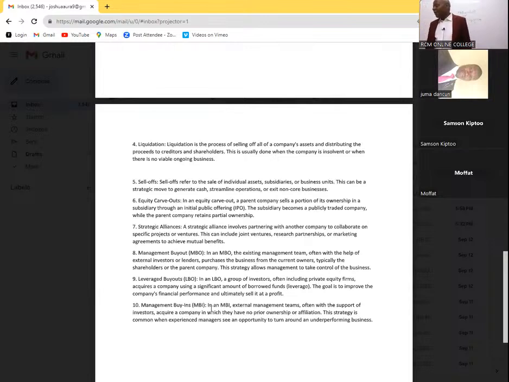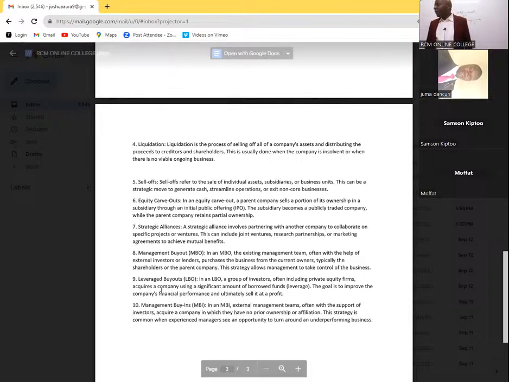In an MBI, external management teams, often with the support of investors, acquire a company in which they have no prior ownership or affiliation. They acquire a new company. In a management buy-in, they are walking into a new company. External management who have great management experience walk into a new company and take over, and then things start shining.